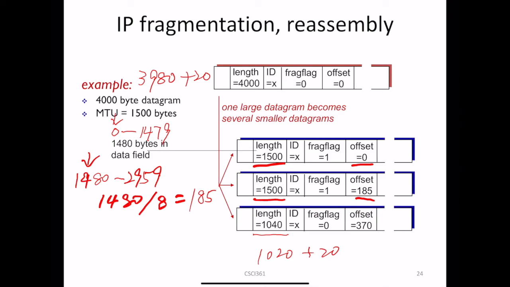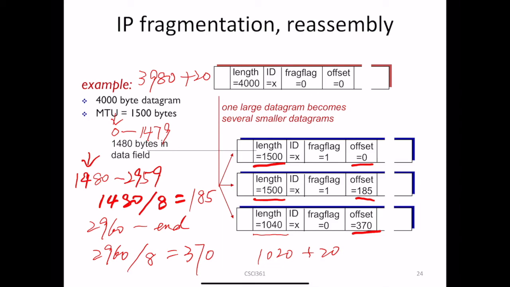And the third one, this datagram will start at byte 2960 and go all the way to the end. For the offset 370, I just use 2960 divided by 8 and get 370. And then we already know how to calculate the offset.